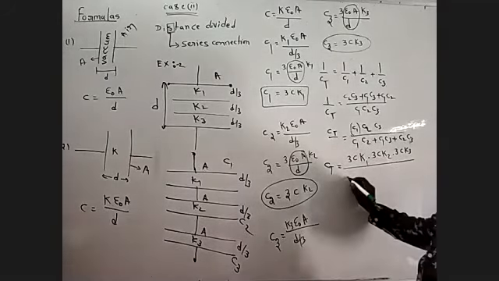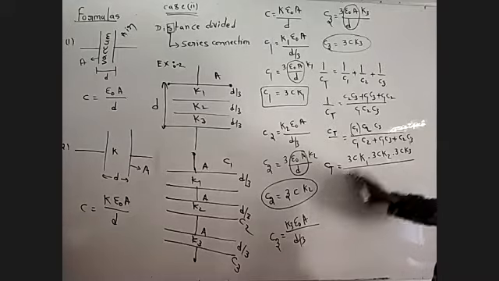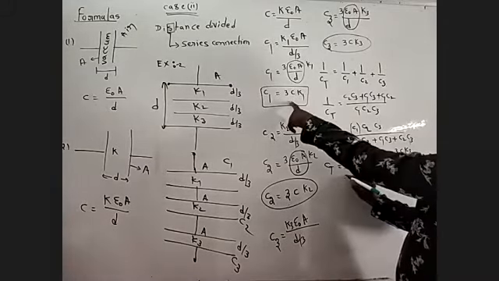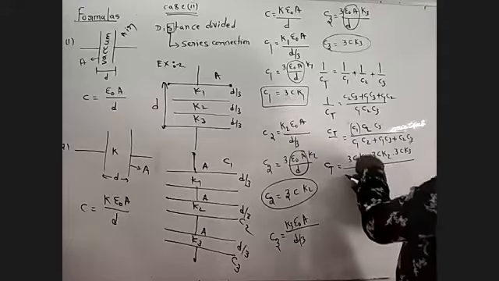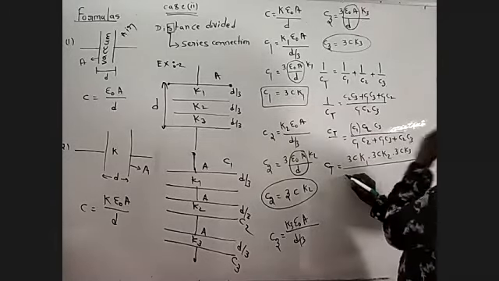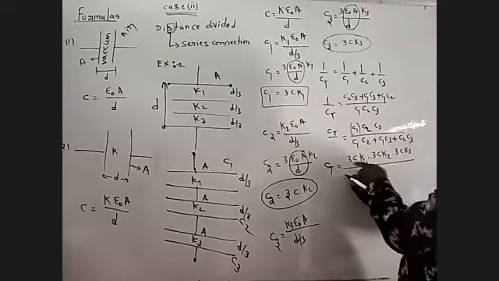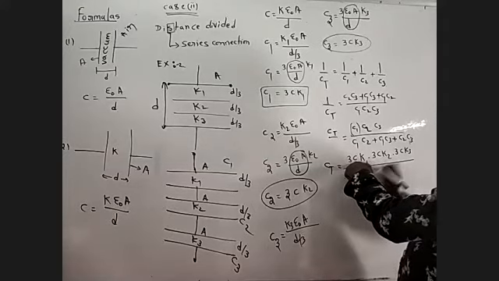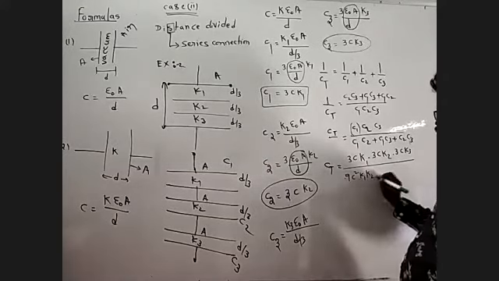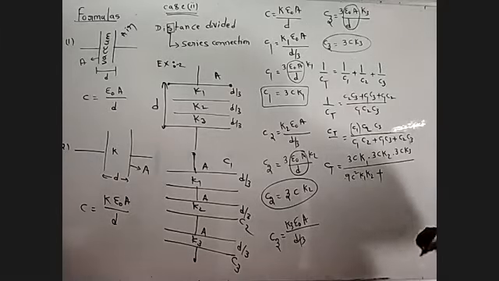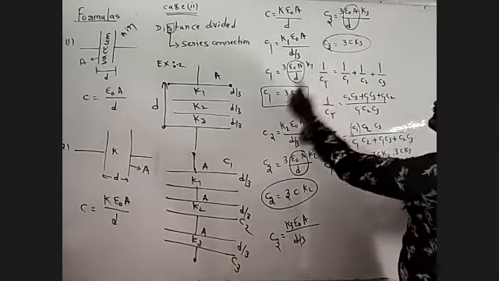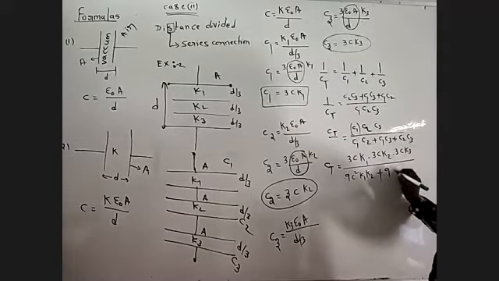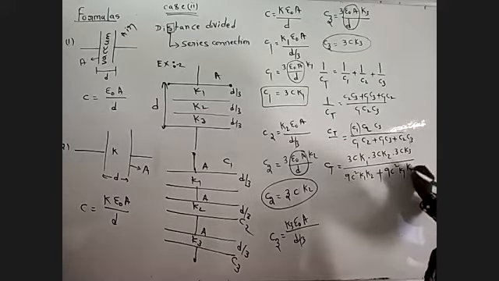What is C1 C2? 9 C square K1 K2. Plus C1 C3: 3 into 3 is 9, C into C is C square, so 9 C square K1 K3.